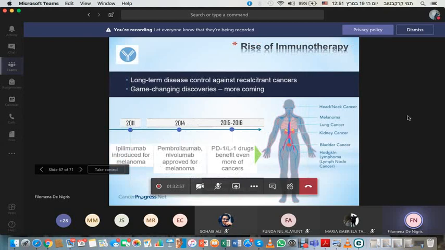Just briefly, I will give you information about immunotherapy. This immunotherapy is very recent and a very powerful therapy, because immunotherapy gives fewer adverse effects and is less toxic than chemotherapy.